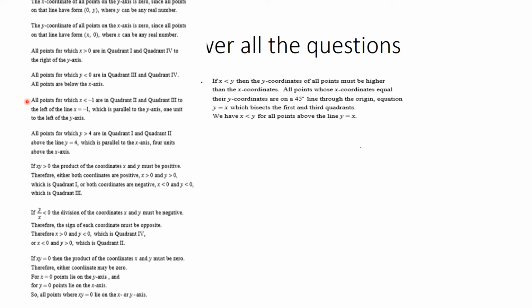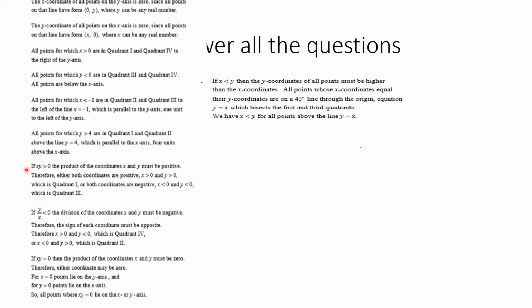All points for which x is less than -1 are in quadrants 2 and 3, to the left of the line x = -1, which is parallel to the y-axis, 1 unit to the left of the y-axis. All points for which y is bigger than 4 are in quadrants 1 and 2, above the line y = 4, which is parallel to the x-axis, 4 units above the x-axis.